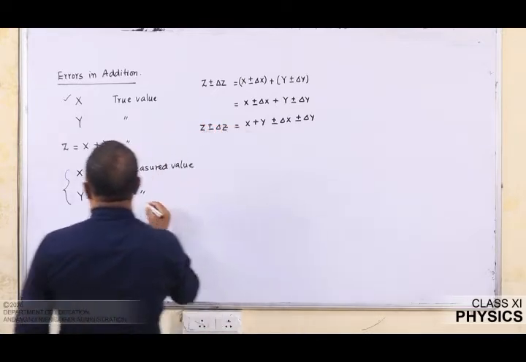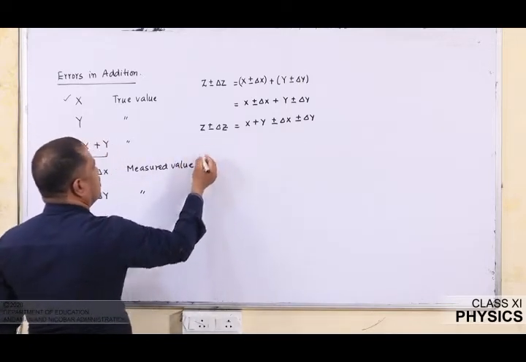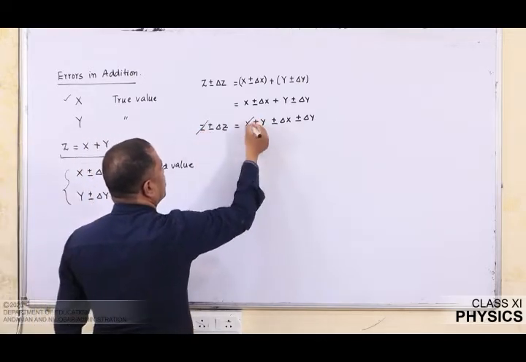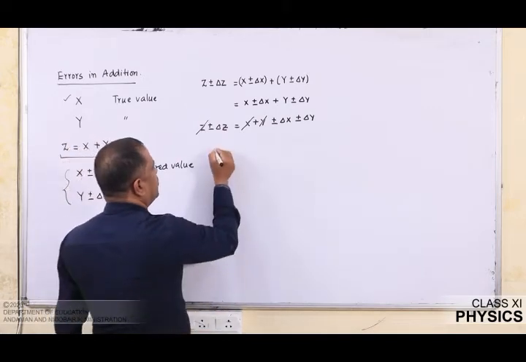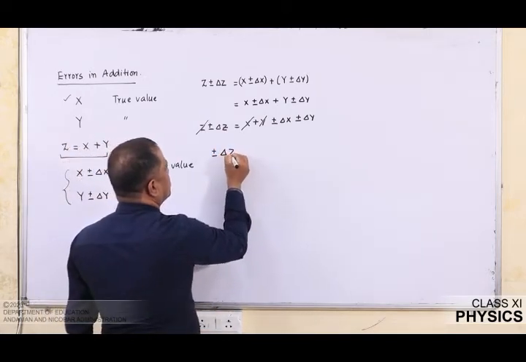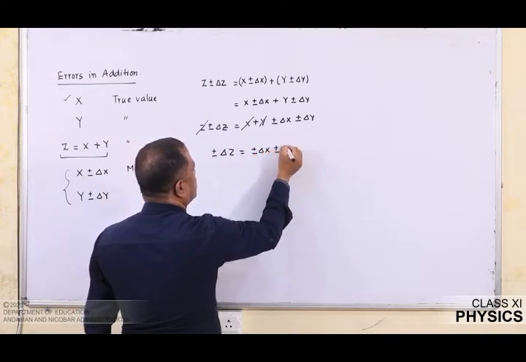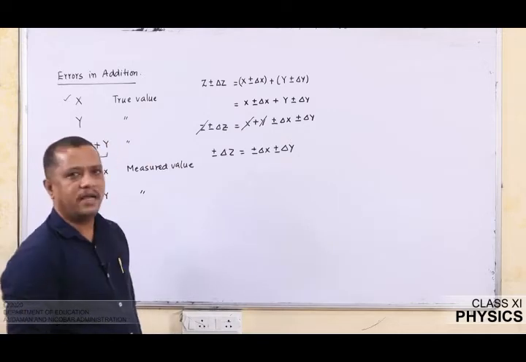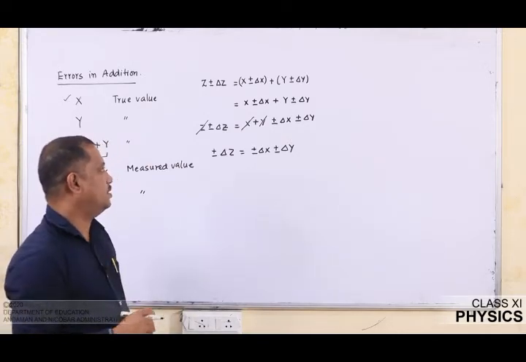When I compare this expression with this, I see that z is equal to x plus y. So, z equals x plus y goes off. I am left with plus or minus delta z equal to plus or minus delta x plus or minus delta y. In this case, what am I bothered about? I am bothered about the maximum possible error present in it.